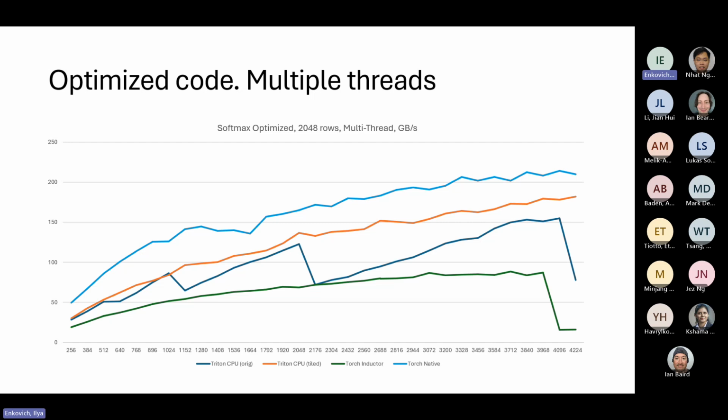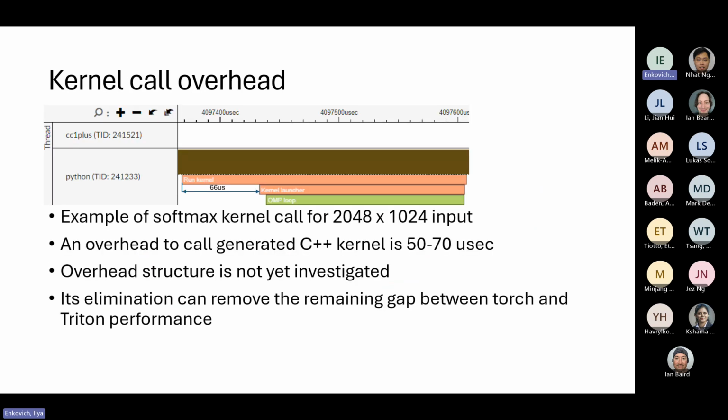And I was profiling this code, trying to understand why these kernels behave differently from torch, because we basically generate very similar code. And it appears that we have quite significant overhead on each kernel call. So here I profiled with VTune and set ITT tasks just to see how much time we spent in Python.